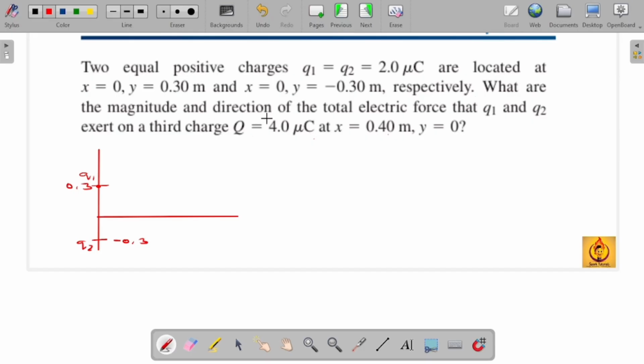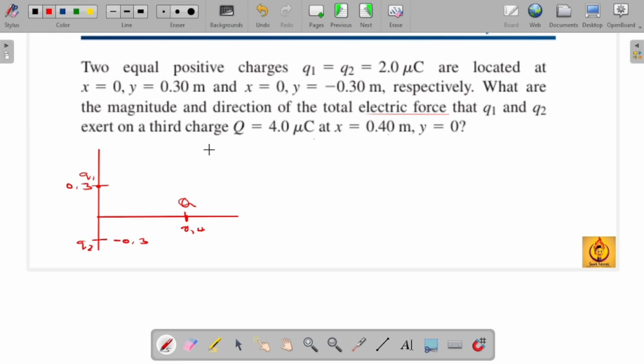What are the magnitude and direction of the total electric force Q1 and Q2 exert on the charge, which is at 0.4 on the x, 0 on the y? So this is 0.4 on the x. We have Q here. All right.